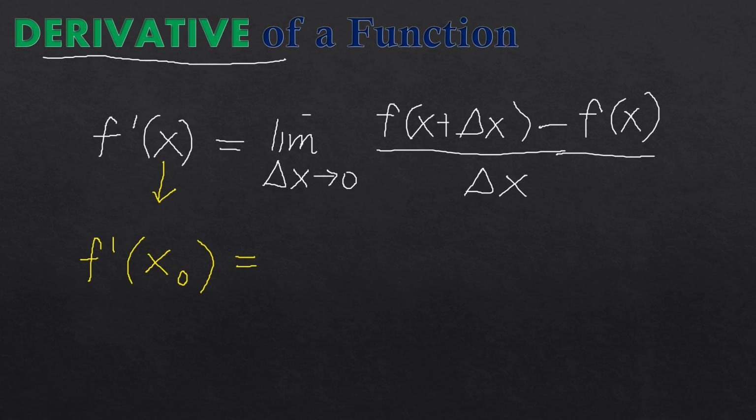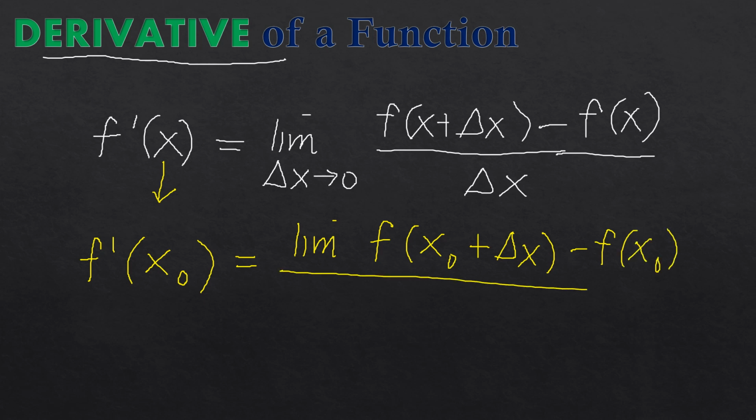So f prime of x sub 0 is equal to the limit of f of x sub 0 plus delta x minus f of x sub 0 divided by delta x as delta x approaches 0.